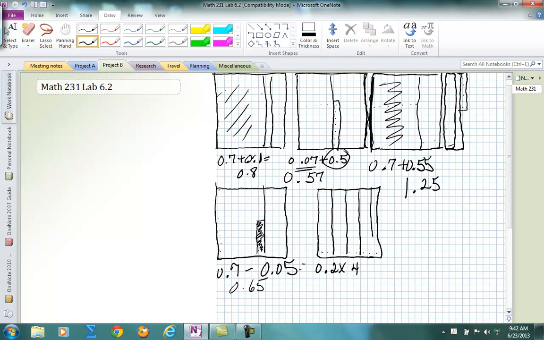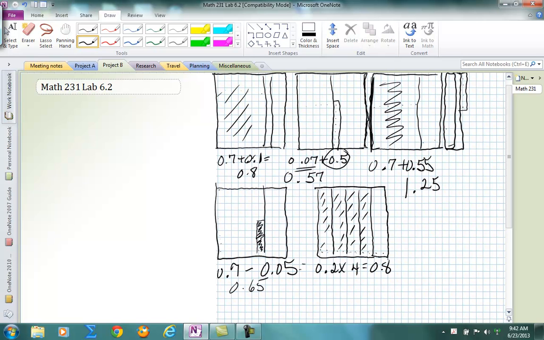And I guess that I have my square a little bit small. So I have 2/10, 2/10, 2/10, 2/10. So I have 2/10 4 times. And so that gives me 8/10.